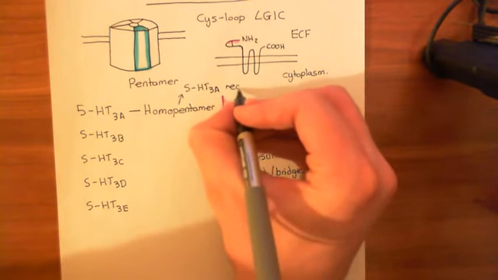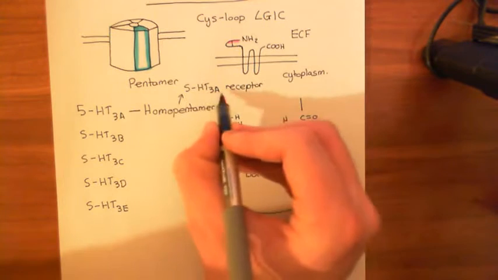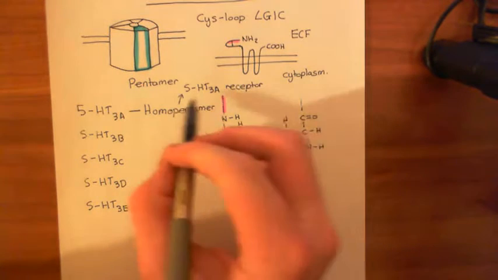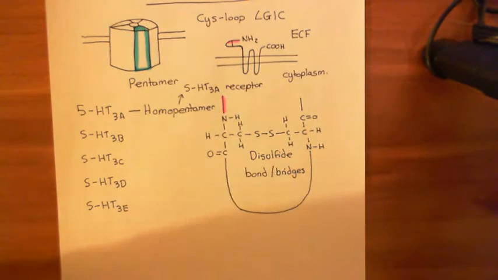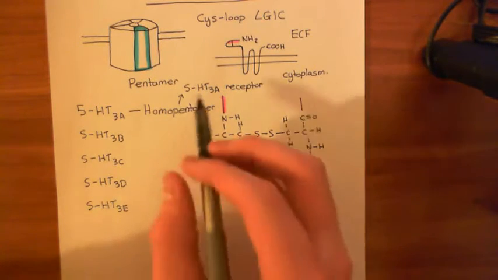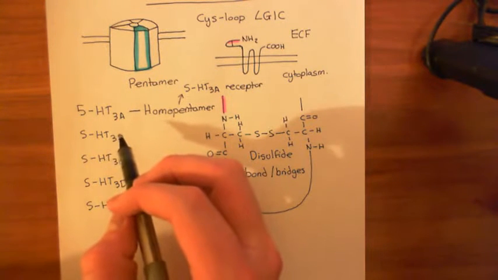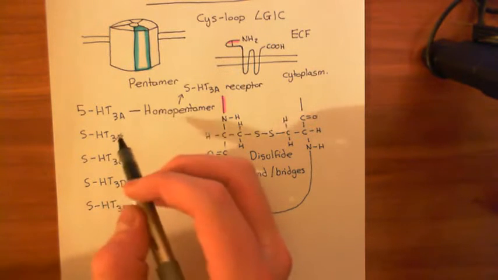Often people will say homopentamer so that you know exactly what we're talking about, but if people just refer to the 5-HT3A receptor, then generally they mean this. Or if they just say the homopentamer 5-HT3 receptor, then it's assumed that they mean this, because as I'm going to show you, there's actually very few 5-HT3 receptors that we've elucidated.